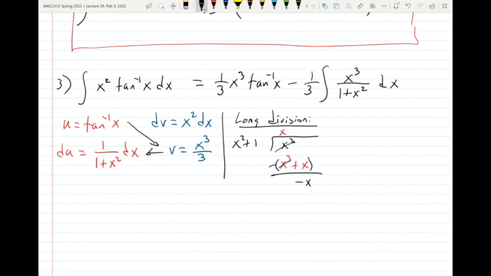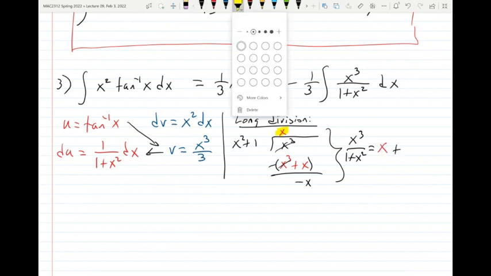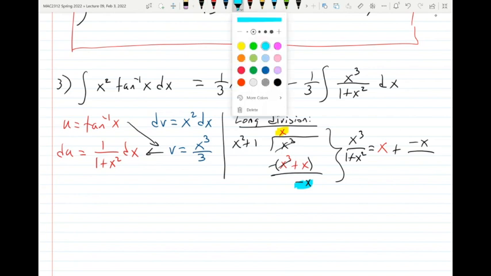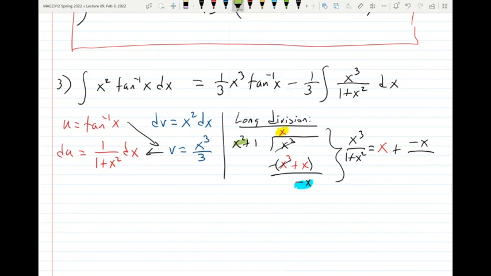So what you get from here is that x cubed over 1 plus x squared can be written as quotient plus remainder over divisor. That's what it means to divide.